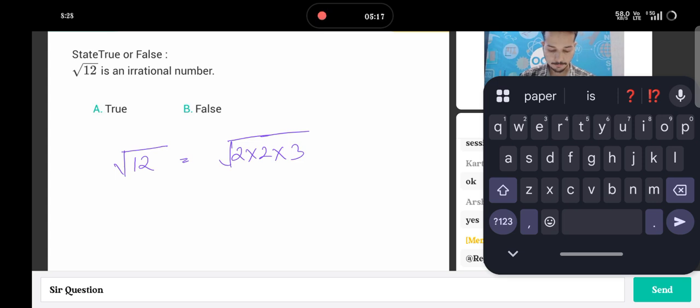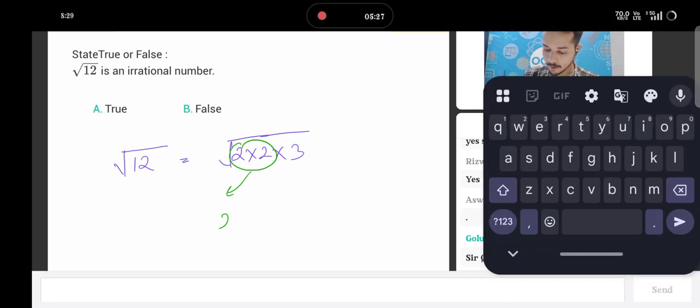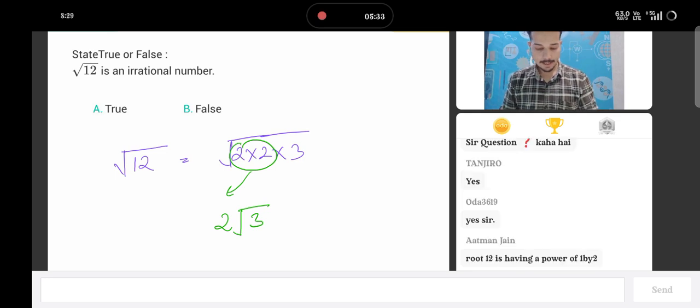Yes or no? Square root means half power, so every two twos, this 2 will come outside the root. But root 3 cannot be solved. So my answer is true. It is an irrational number because it has root 3 in it.